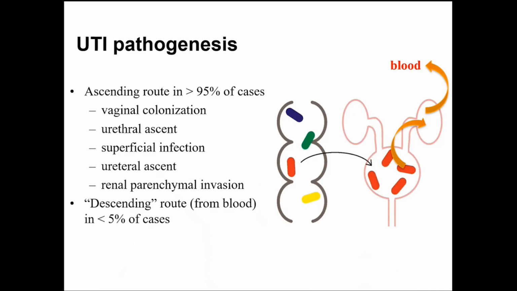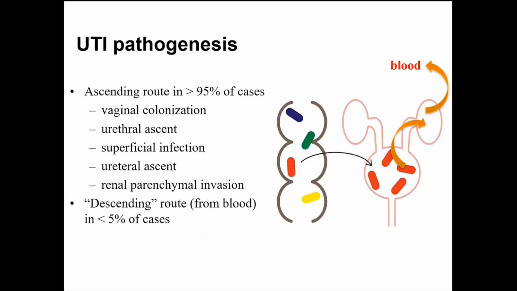So how do urinary tract infections happen? There is a classic so-called ascending route that is associated with over 95% of cases of uncomplicated cystitis. And this involves ascension, so to speak, of bacteria from the intestine through first vaginal colonization, then ascent of the urethra, next a superficial infection of the bladder surface.